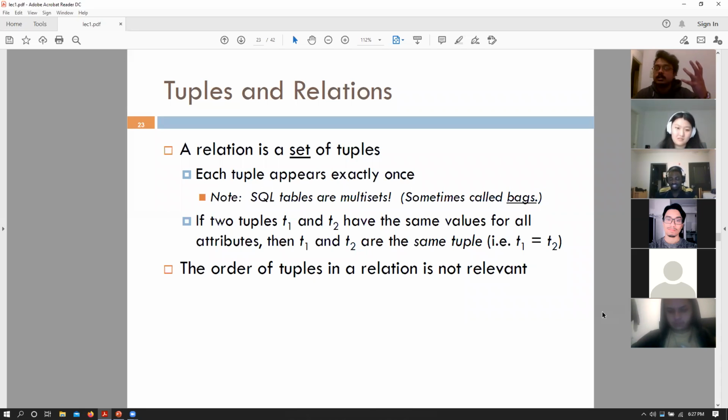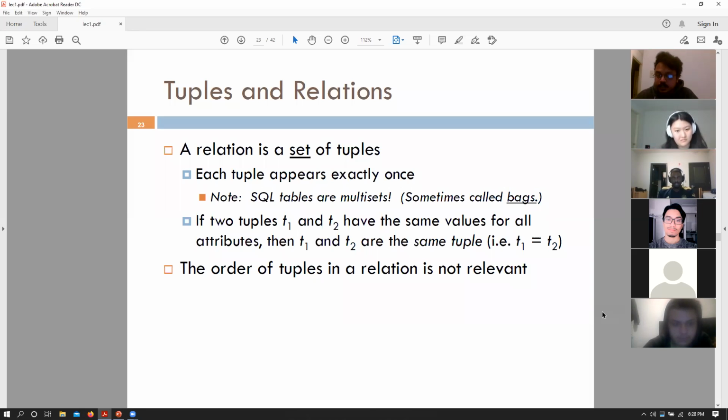And if we are working on SQL implementations that actually work on smaller data sets or are designed for efficiency, they actually look over this particular aspect of relational models. So in general, SQL tables are multi-sets, sometimes called bags, and they might not actually be sets.